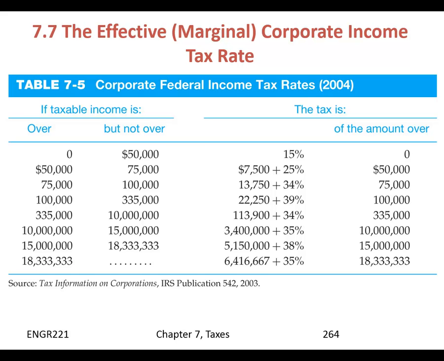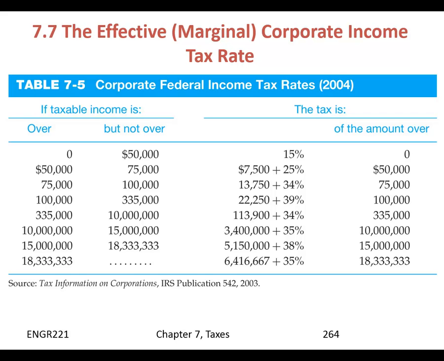And then once you make more than $50,000, your tax rate goes to 25% on the additional dollars. It's not that you have to pay 25% on everything that you've made. It's just the money that you made between $50,000 and $75,000, that incremental amount, that is taxed at 25%.